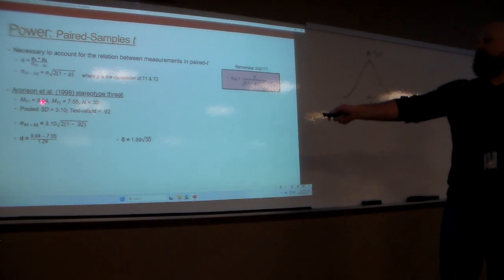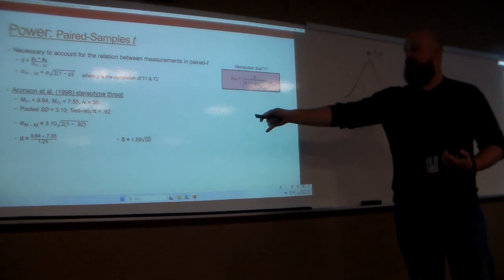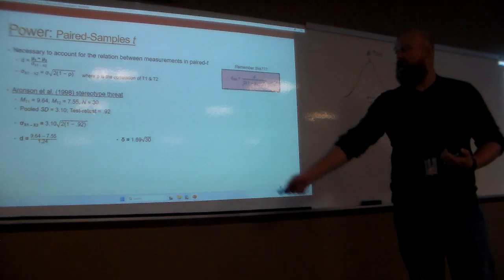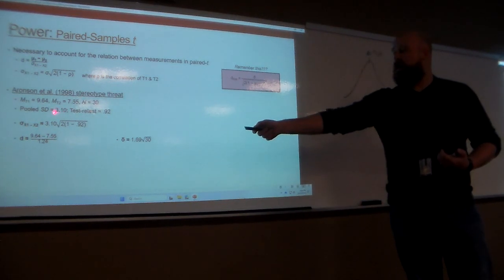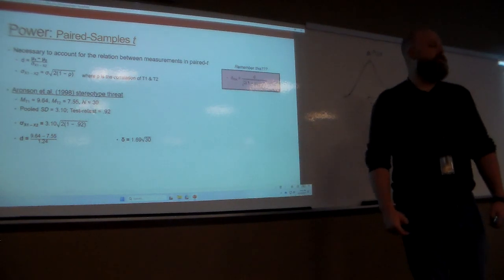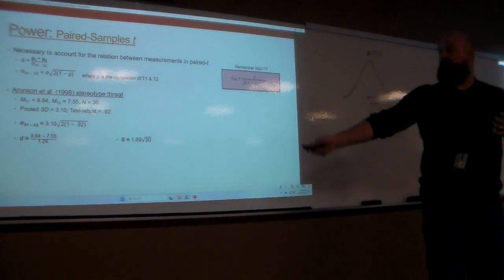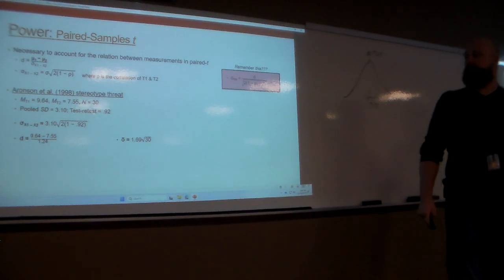Okay, so we're saying that the mean of time 1 is 9.6, time 2 is 7.55. I have 30 people total in this sample. My pooled standard deviation is 3.10. My test-retest is 0.92. So a very, very strong association between performance at time 1 and time 2, even though we're seeing a reduction. Okay?